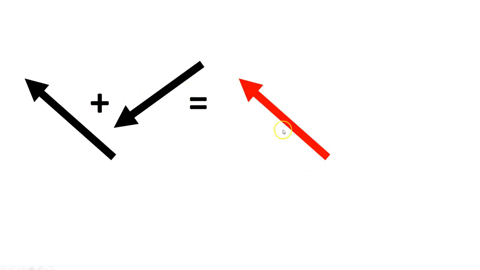I'm going to just repeat this first vector, this first arrow, and then I want to add the second one to it. And I'm going to use the head to tail method. So I'm going to take the second arrow and I'm going to notice I didn't change the direction, I didn't change the length. All I did was place it to where the head of the second arrow was touching the tail of the first.